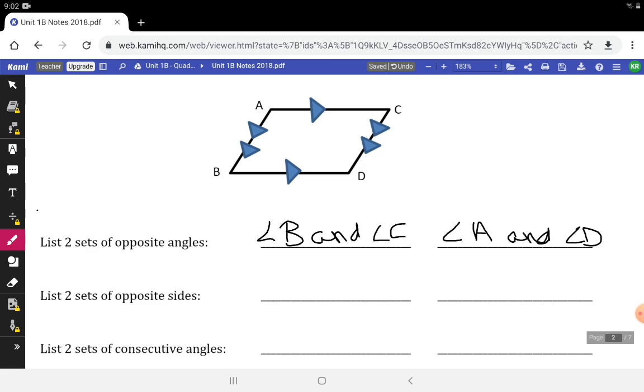This is different than the consecutive angles, which share a side. So we can say angle A is consecutive with angle C, or angle A is consecutive with angle B. We'll just leave it at that.